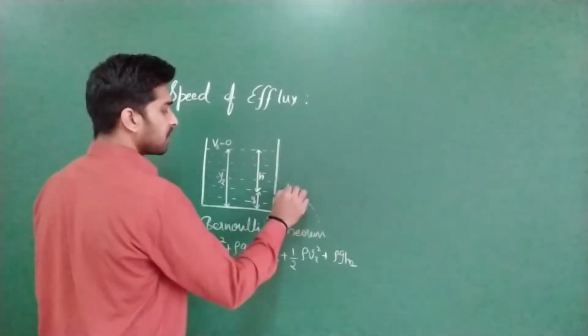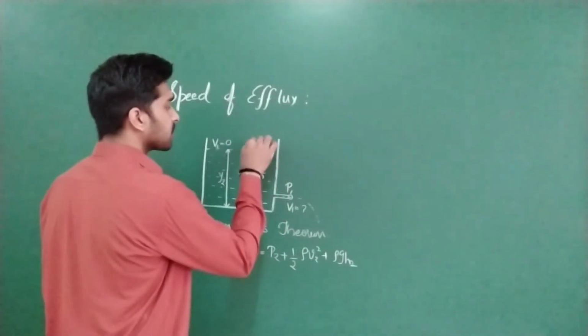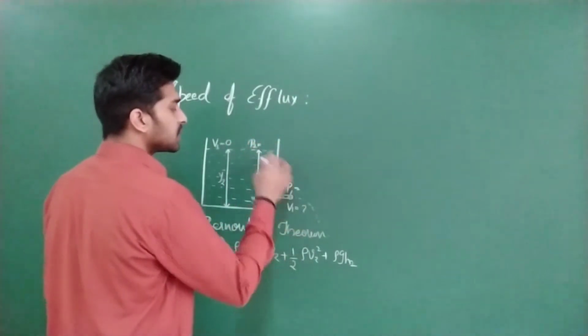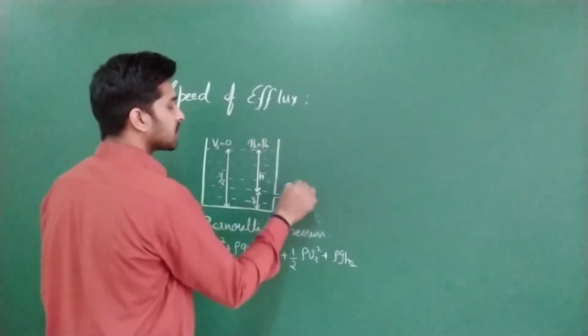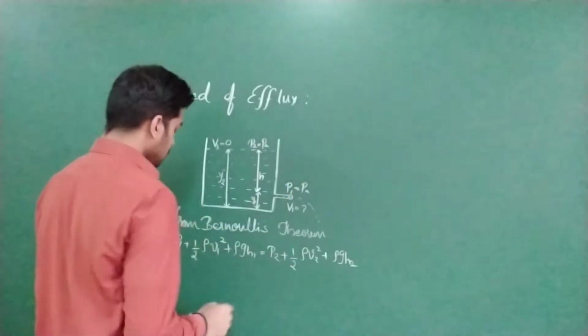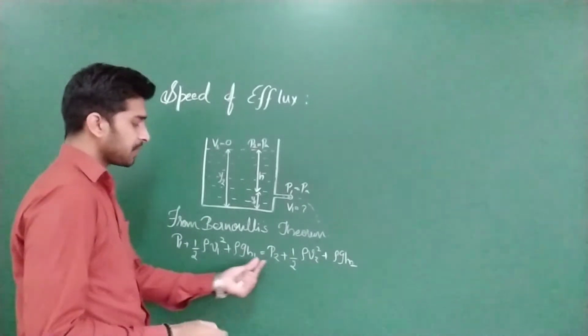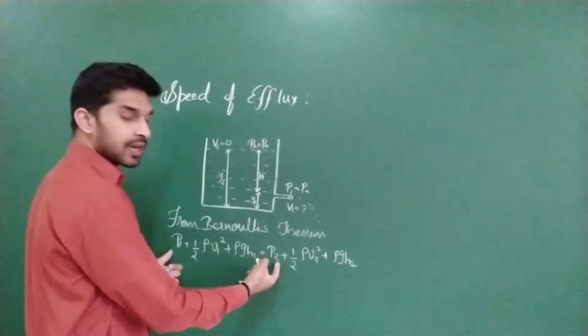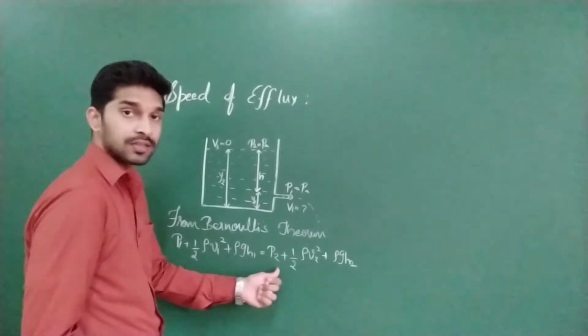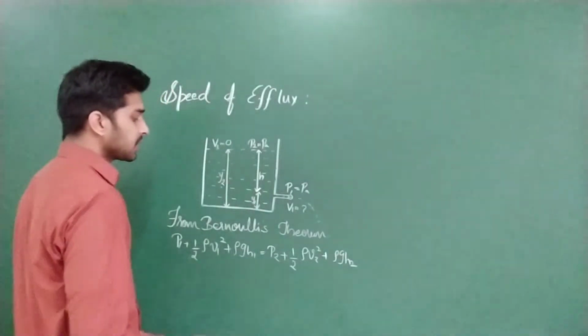Now first of all let us see. Here value P1, here value P2. On both sides atmospheric pressure is acting, which is nothing but what? PA. So if I substitute P1 equal to P2 is equal to PA, then P1 and P2 will get cancelled. That means PA will get cancelled.